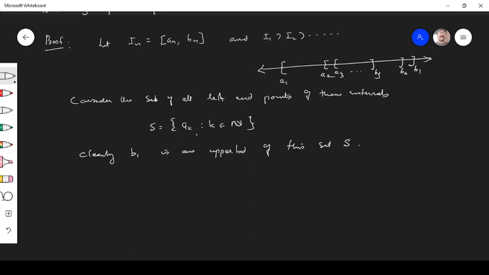Now by the supremum axiom, the supremum property of real numbers, the set S has a least upper bound.